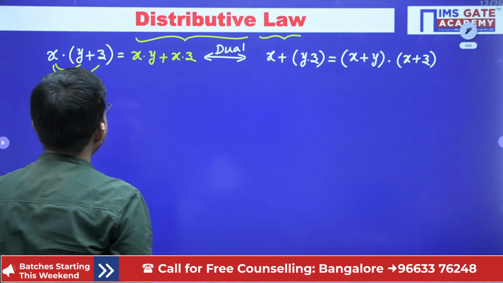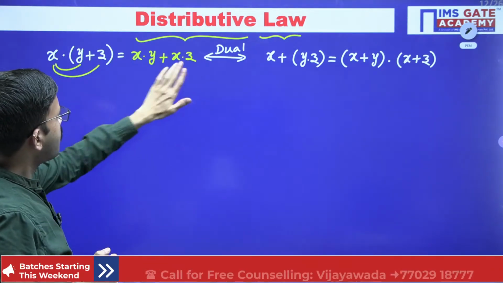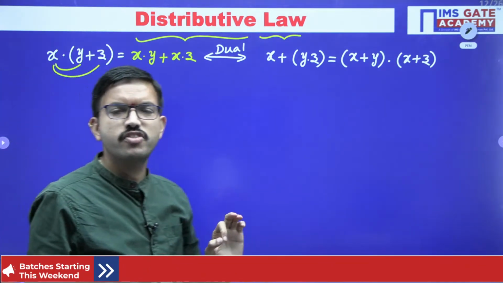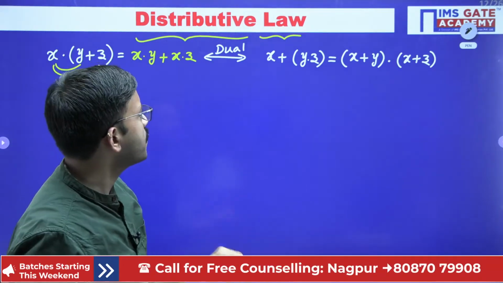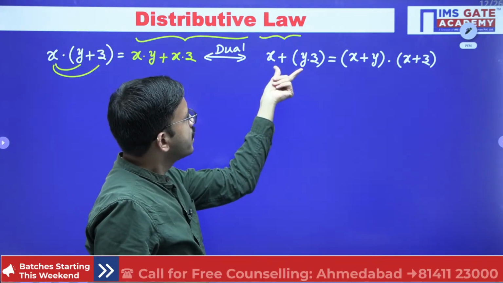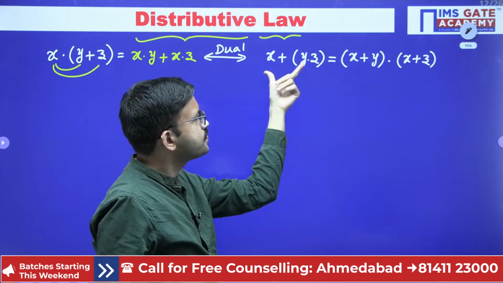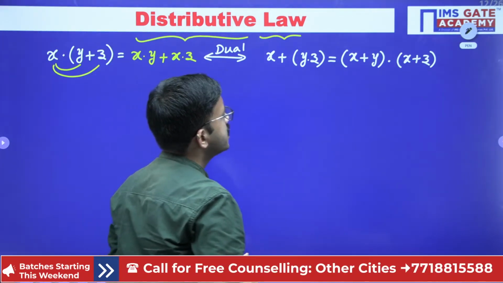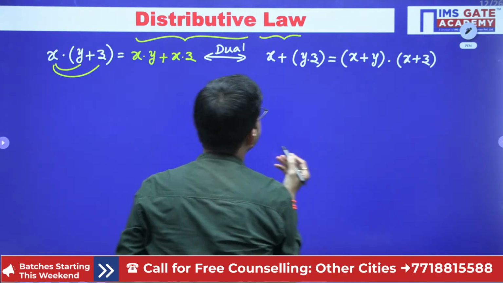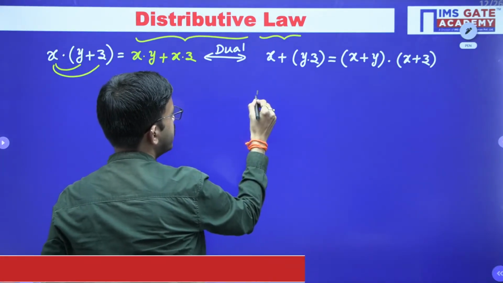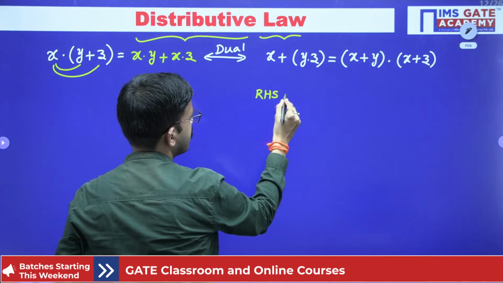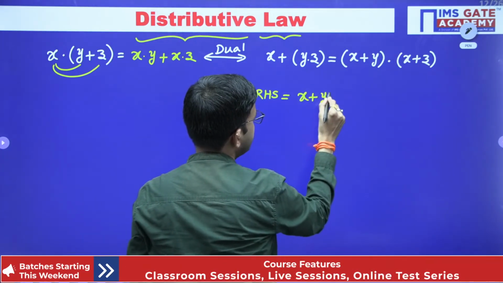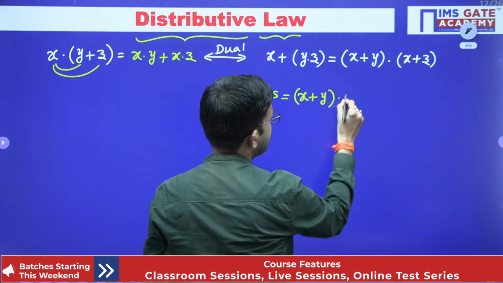So up to this particular equation, I hope there is no doubt for anyone, but some of you might have a doubt how here LHS and RHS both are equal. If you are having any doubt, it is very simple. Just consider the right hand side term: x plus y into x plus z.